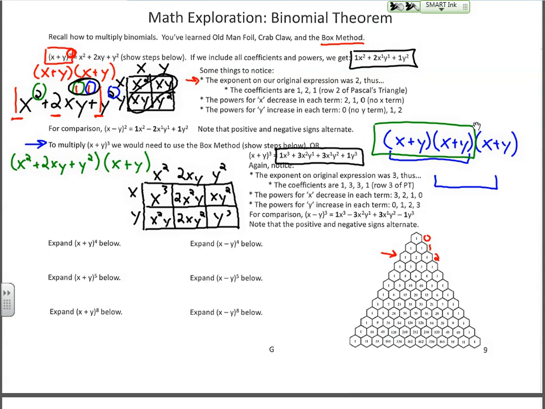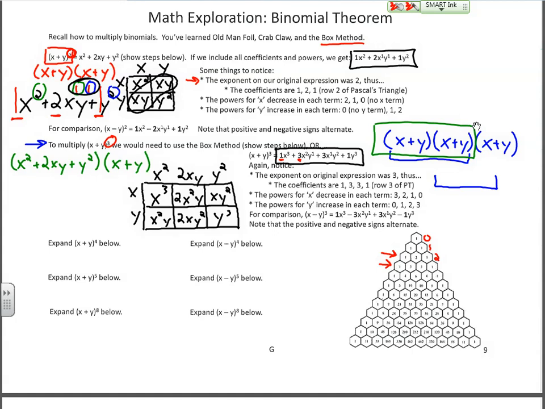And again, notice what's going on here. The exponent on our original expression was 3, all the way back here, x plus y cubed. Therefore, the coefficients are going to be what's in row 3 of Pascal's triangle: 1, 3, 3, 1.